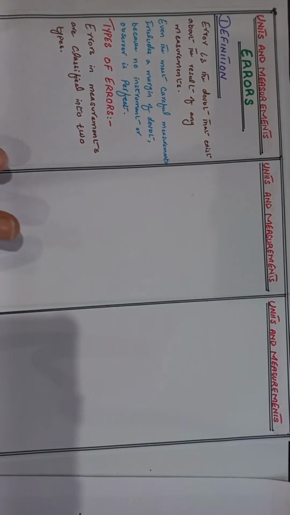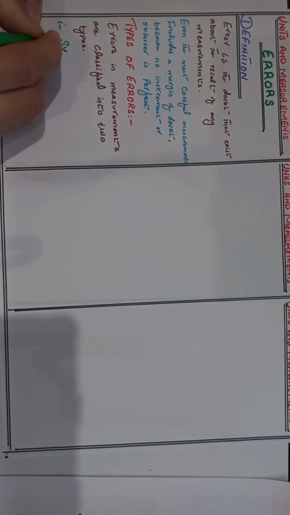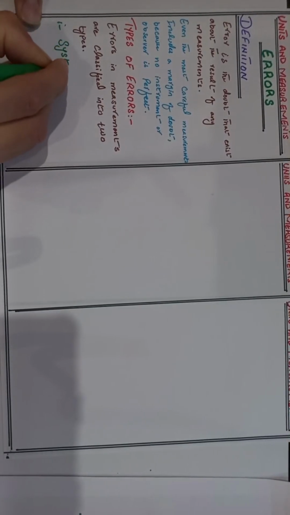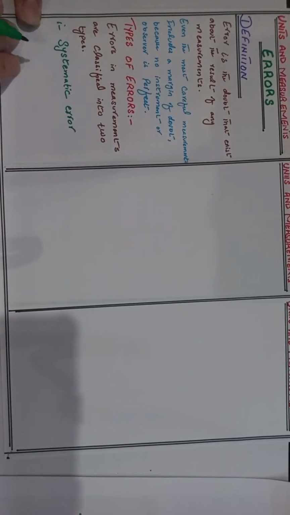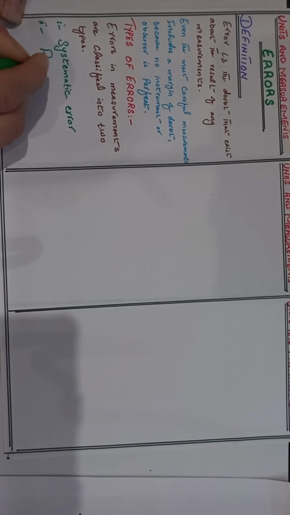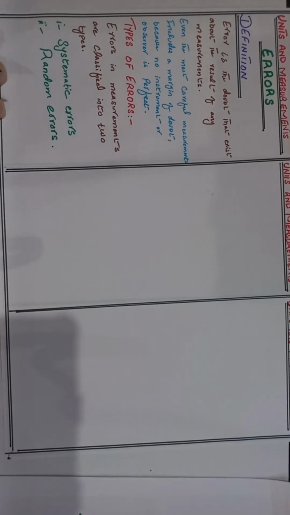First one is systematic error, and second one is random error. Systematic errors and random errors. These are two types of the errors. Now we discuss it in detail.